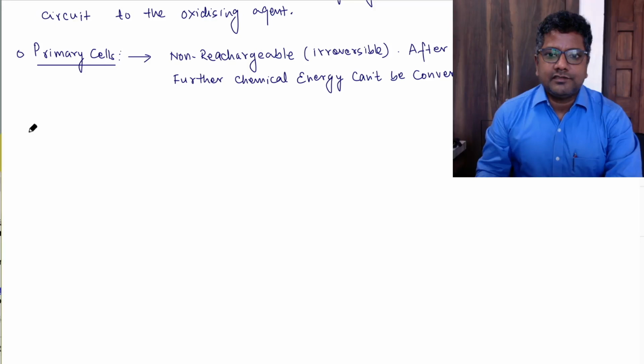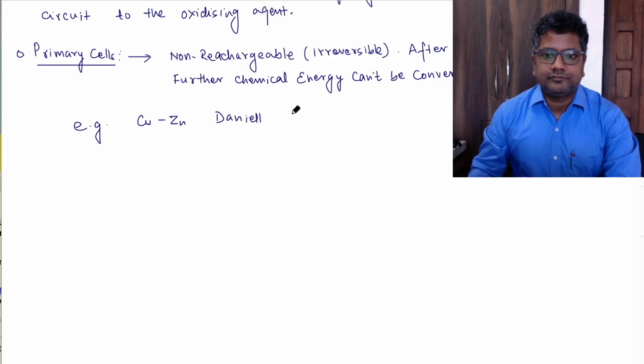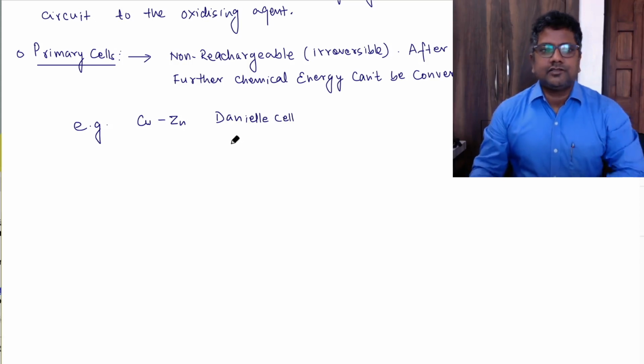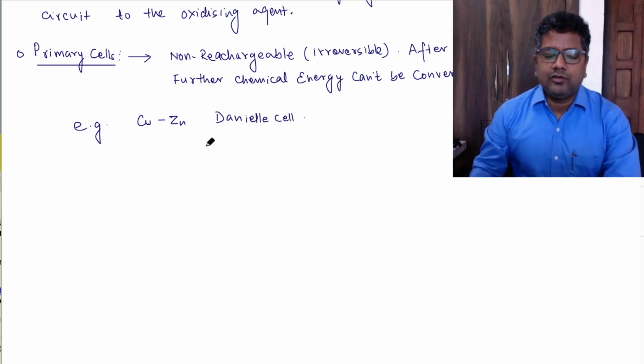A well-known example of a primary cell is the zinc-carbon dry cell, which is common.